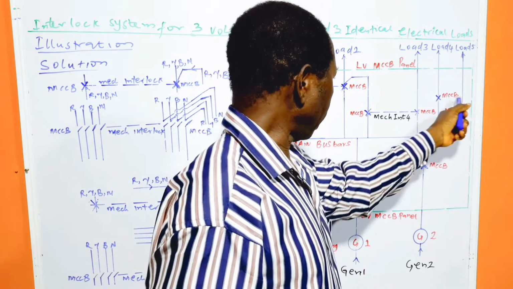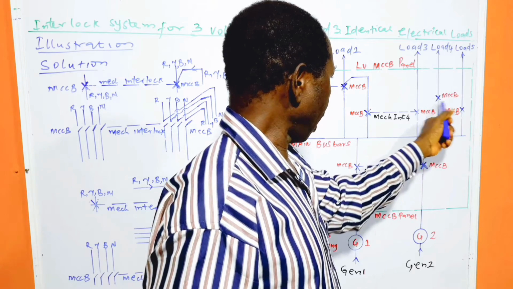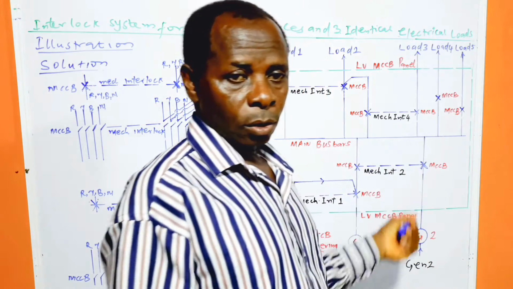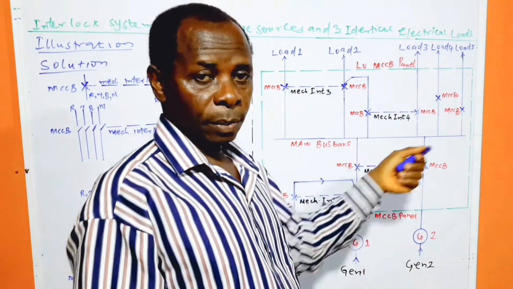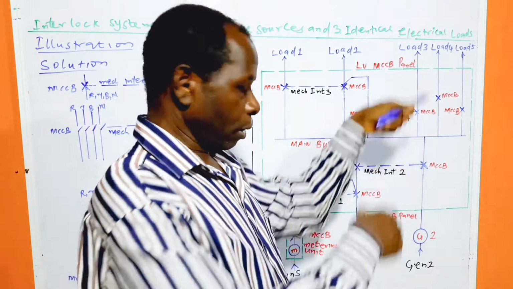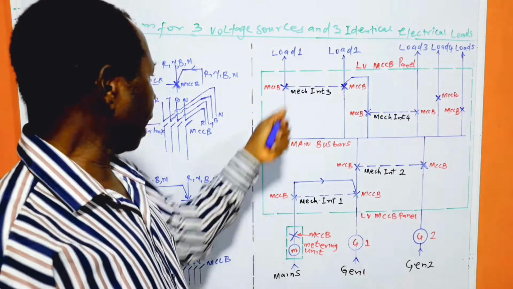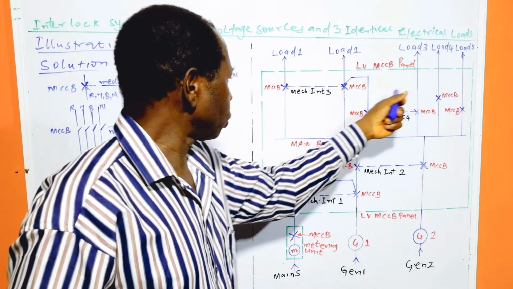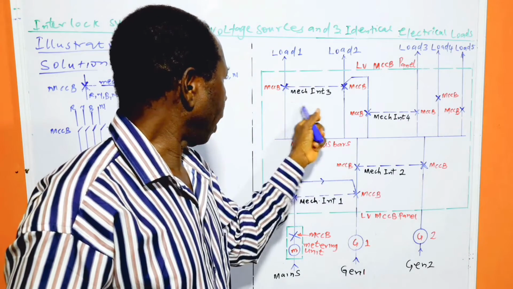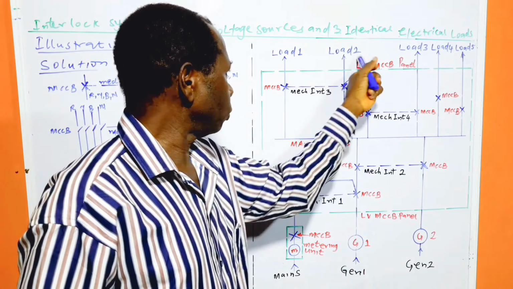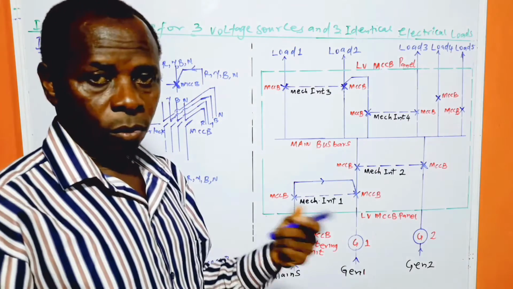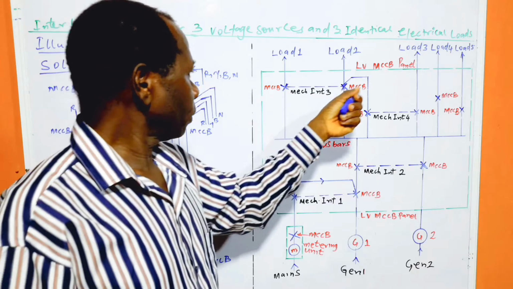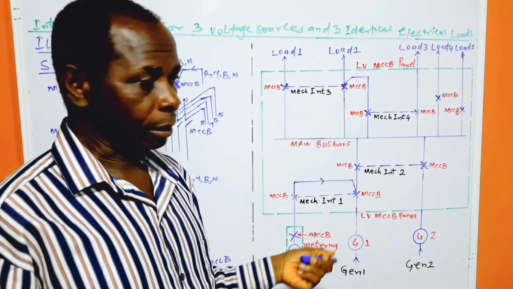Now, these circuit breakers could be closed or open as required. They are independent loads, or they are other loads. Now, what we are saying here in summary is that considering these 3 loads, 1, 2, 3, 2 could be selected at a time, or even 1 could be selected at a time.